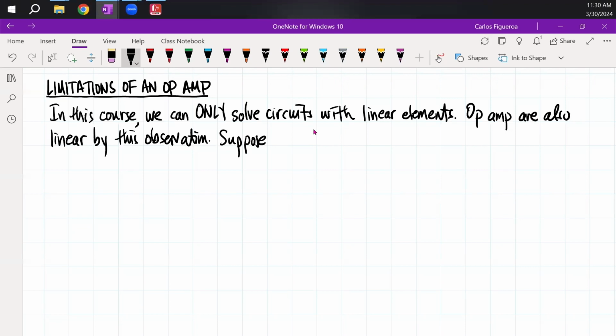Suppose we have a voltage-controlled voltage source with V out equals 4 Vx.